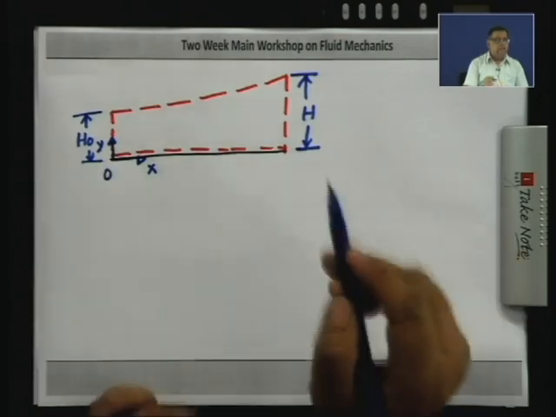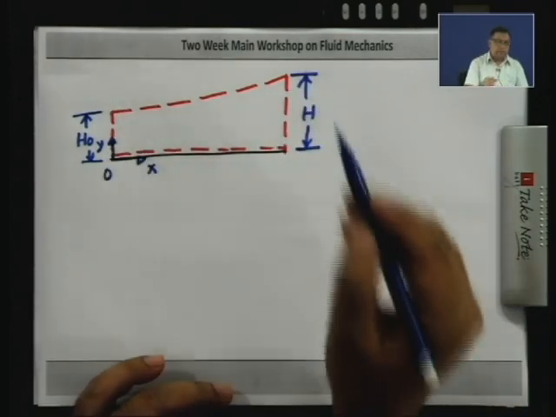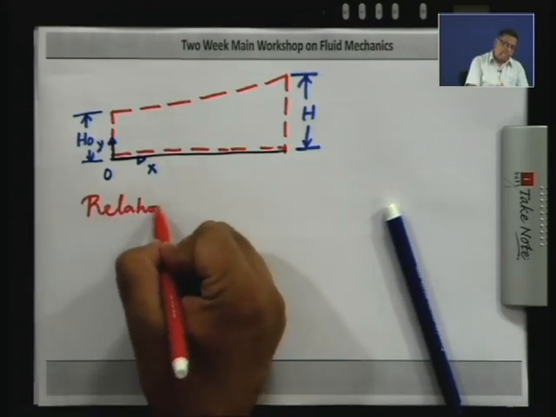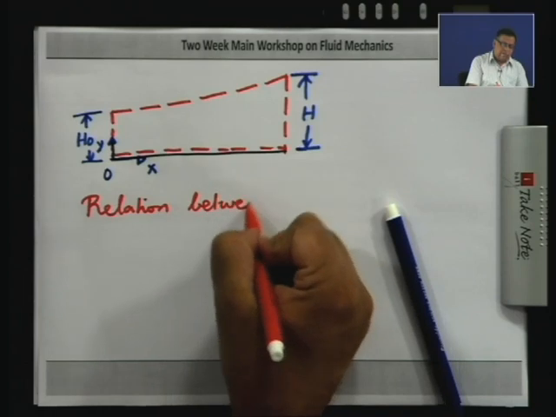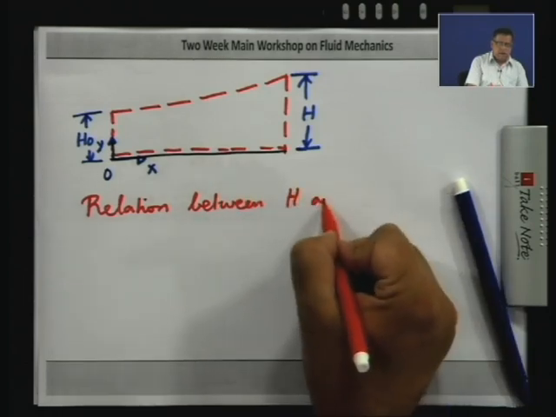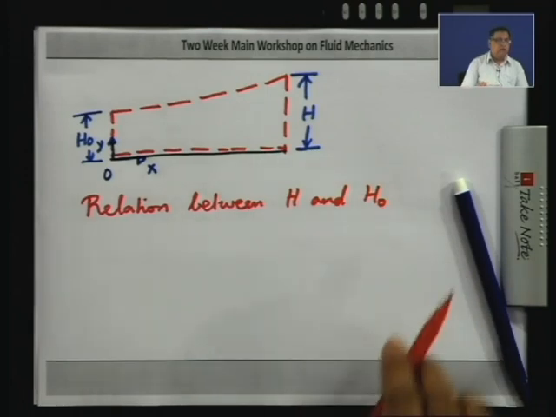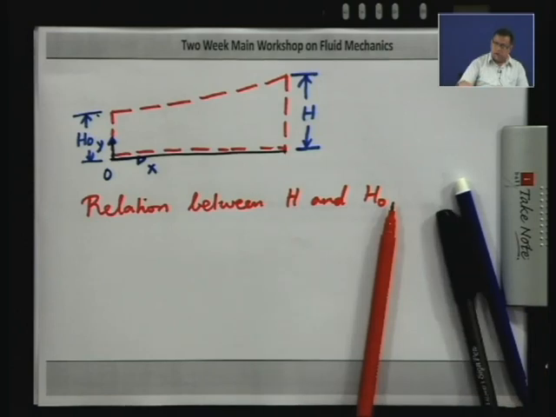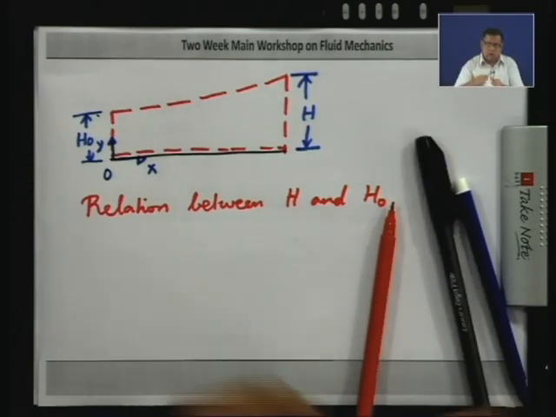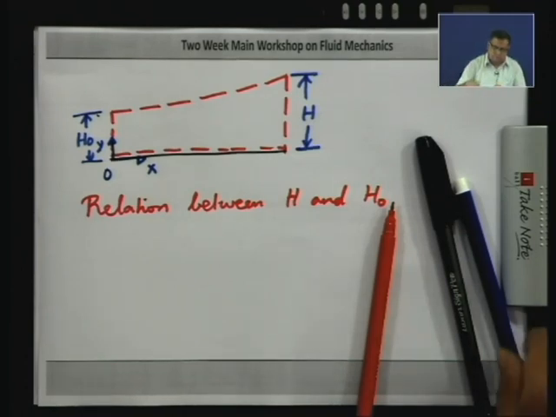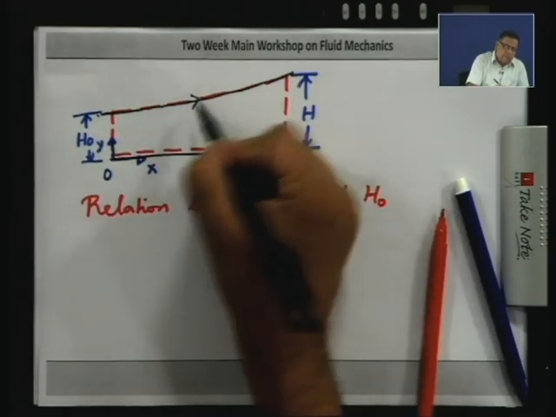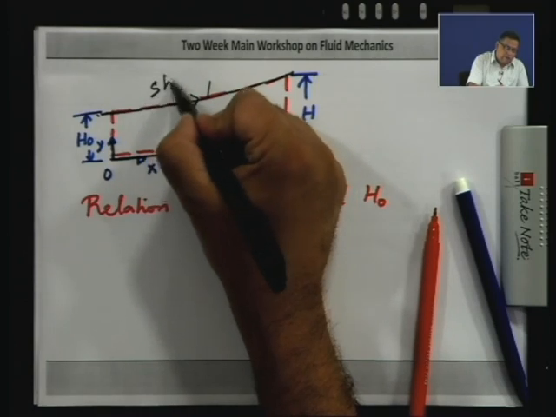Now, h naught and h are not arbitrary because they are connected by a streamline. So, there is a relation between h and h naught, because we are saying that this is a streamline.